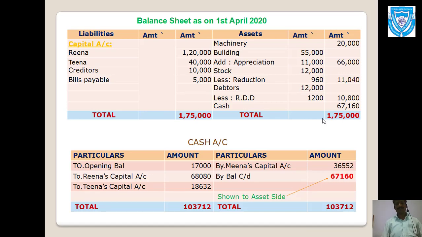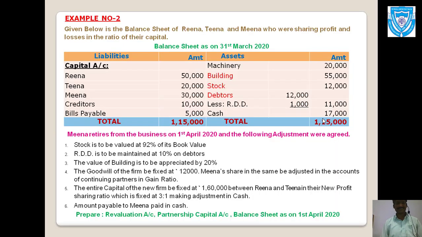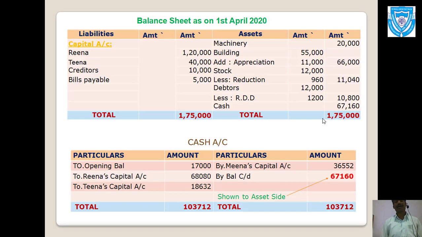Building rupees 55,000. So let us see what is the adjustment. The first effect we have shown in revaluation account. It is credited. The value of building is to be appreciated by 20%. Building add appreciation rupees 11,000 and total that is rupees 66,000.